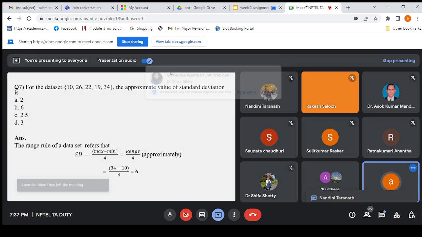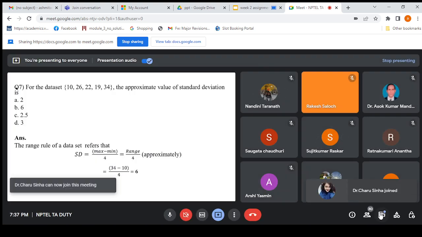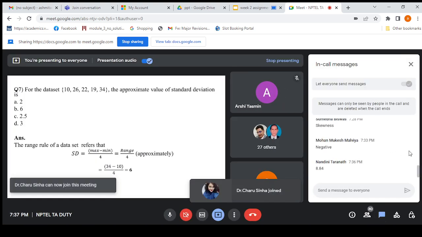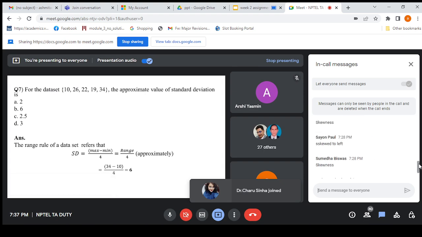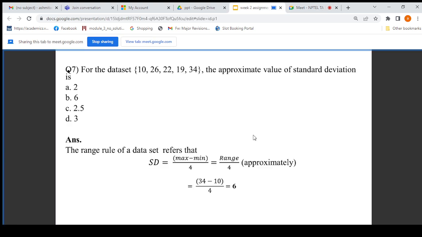Anyone else? 7.91. The value comes around 8.85.